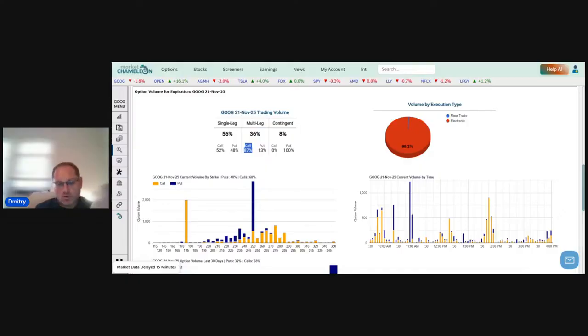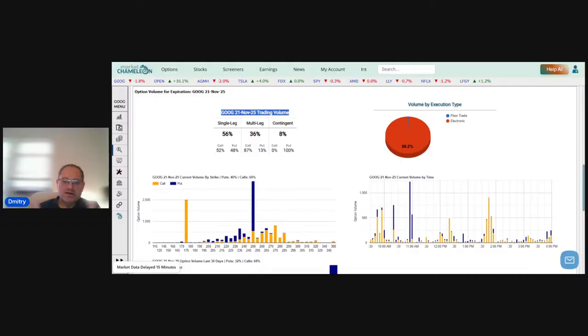In addition, we might ask a few more questions just to get an idea: where did that trading interest go, how was it distributed on the different strikes? Because we have option volume in a particular expiration, but that expiration could have a lot of different strikes.